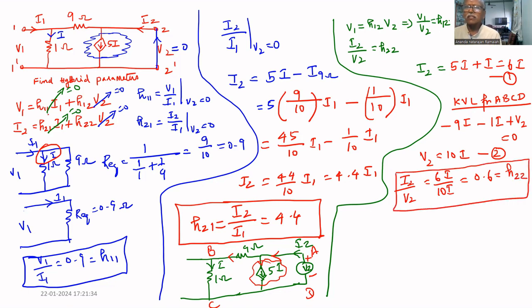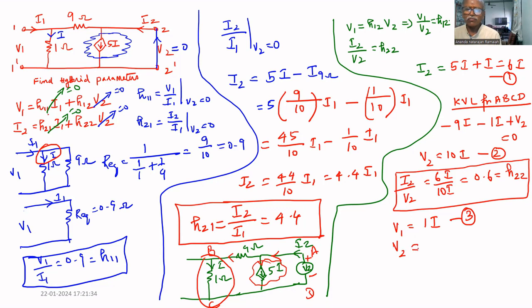We have to get the relation between V1 and V2. What is V1? V1 is the drop across 1 ohm. Therefore, V1 equal to 1I. Let it be equation 3.